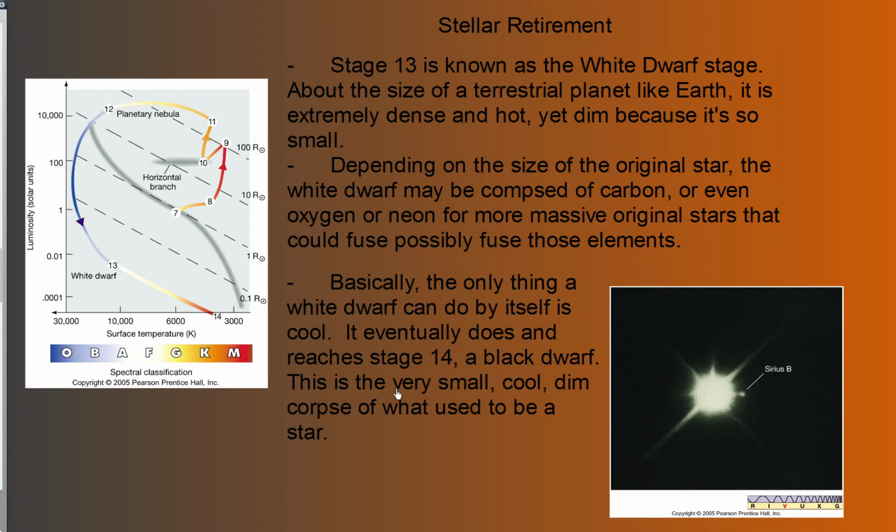Other things can happen to the white dwarf, but if it's a solo star out alone in the universe, then all it can do is cool off. And so as you can see, it stays about the same size, but it gets even dimmer and cooler, and turns into stage 14, we call a black dwarf, because basically it's so dim that you can't see any light from it.